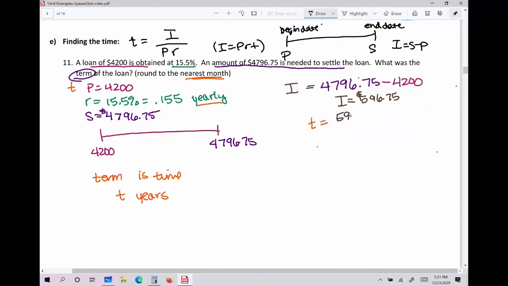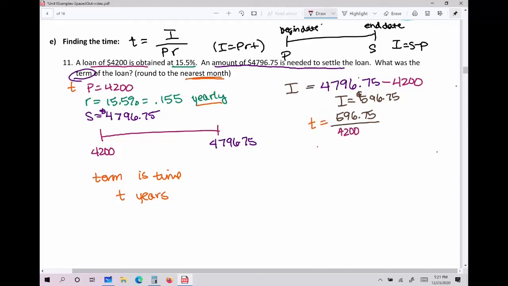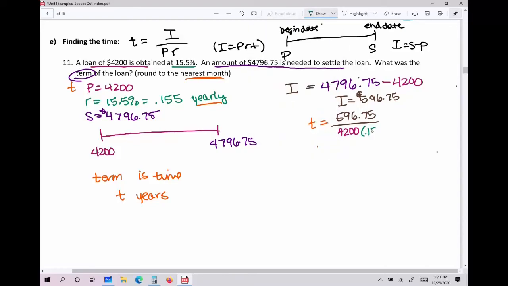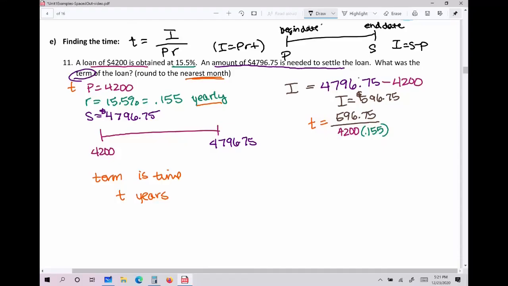And then plugging that in to get our T, we're going to have 596.75 divided by P, which was 4200, times our R, 0.155. So again, it's going to be similar keystrokes to what we just did in example 10 and example 5. So then for T, when we plug this in, you should get 0.19166, and then the 6 is going to keep repeating.